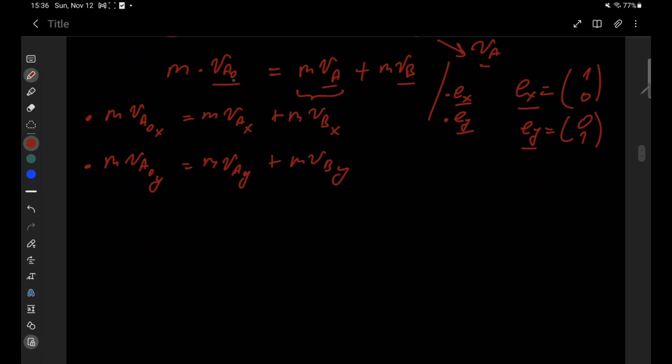We get these two equations. They were hidden inside of this vector equation. What do we know? We know that this is 0. And we also know the relationships between VAY, VAX and the absolute value of the vector VA. And we also know we don't know the VA0.